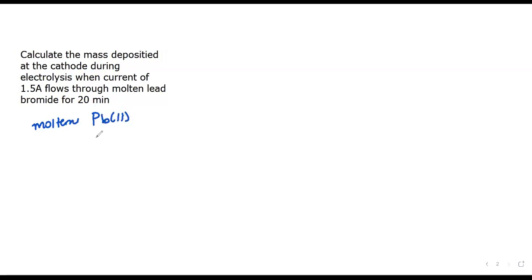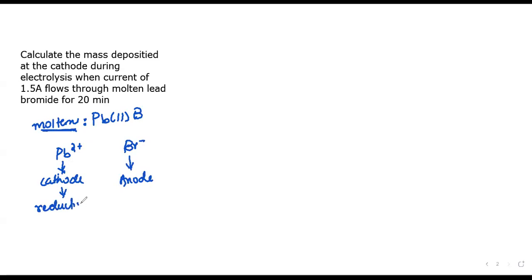You and I know that since this is molten, there are only two ions, lead ion and bromide ion. Lead ion will go to the cathode because it's a cation, and bromide ion will go to the anode because it's an anion. The lead ion will undergo reduction and the bromide ion will undergo oxidation.